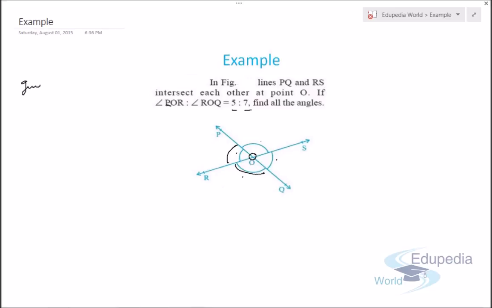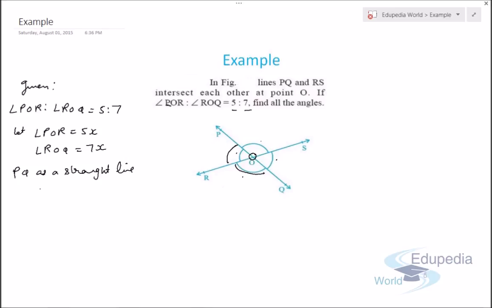It's given that angle POR is to angle ROQ equals 5:7. So we can say let angle POR be equal to 5x and let angle ROQ be 7x. Now, if we consider PQ as a straight line, then we can clearly see that angle POR plus angle ROQ will be equal to 180 degrees.